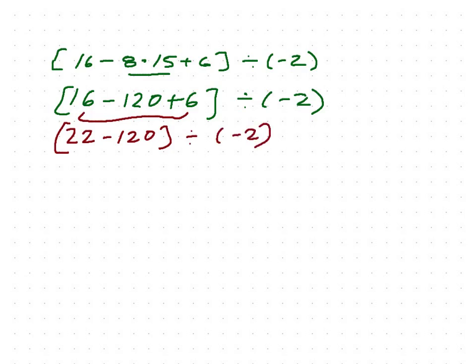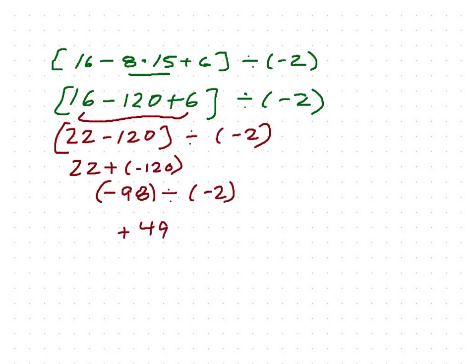So 22 take away 120 is going to obviously give you, if you want to do it the official way, 22 plus a negative 120. You're obviously going to be in the hole. Going to be down 98. Negative 98 divided by negative 2. And that's going to give you a positive 49. Or just 49.